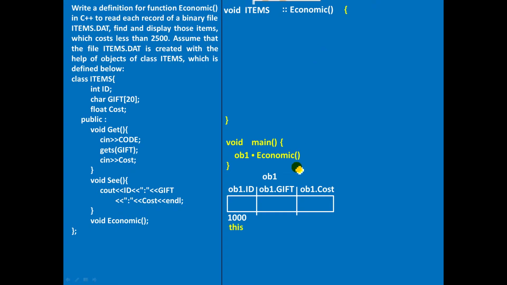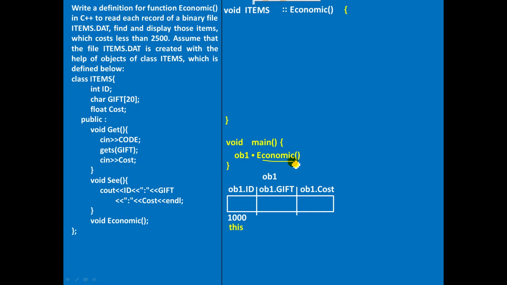So let me write it, this. So this pointer contains the address of the object with which a member function is called. So if I call this member function using OB1, your this pointer contains address of OB1.